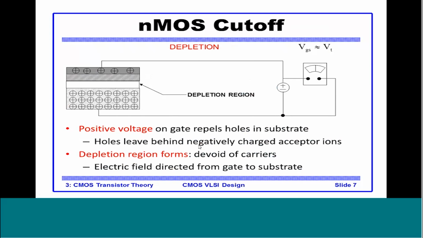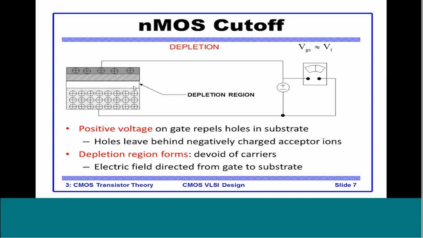It starts repelling holes in the substrate. That means now the electrons are attracted slowly towards the surface, or the holes start to go deep down the substrate. Due to this, very similar to a PN junction diode, the region which is very close to the junction is devoid of any carriers. The electric field is directed from gate to substrate. A small depletion region forms. This is very similar to the PN junction diode.